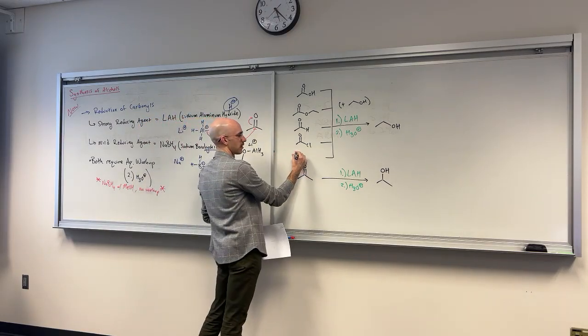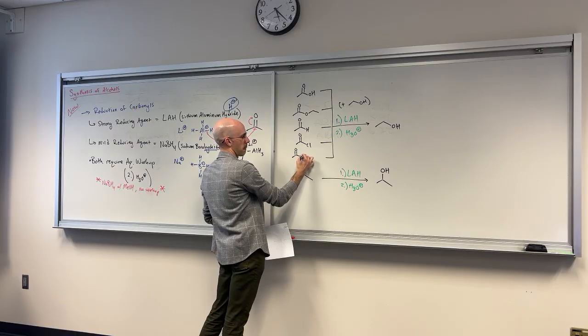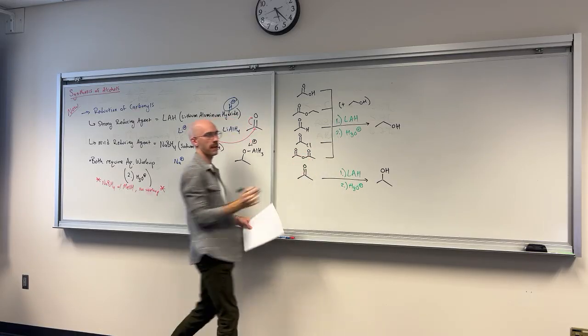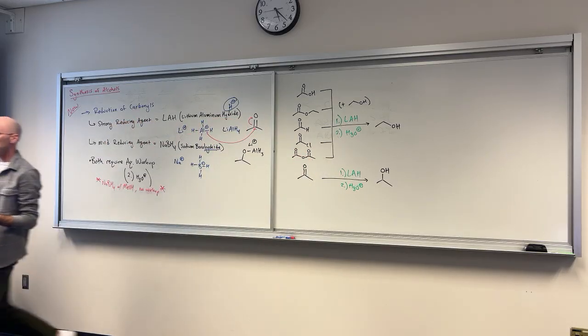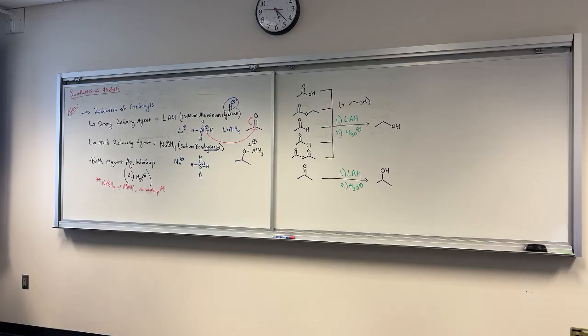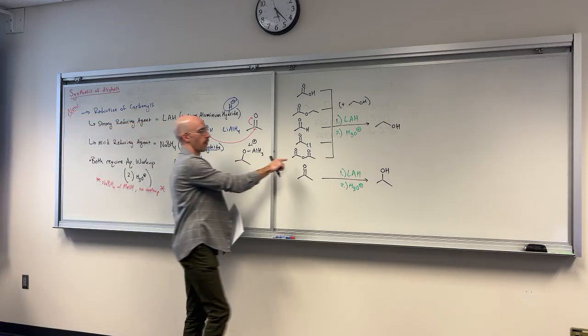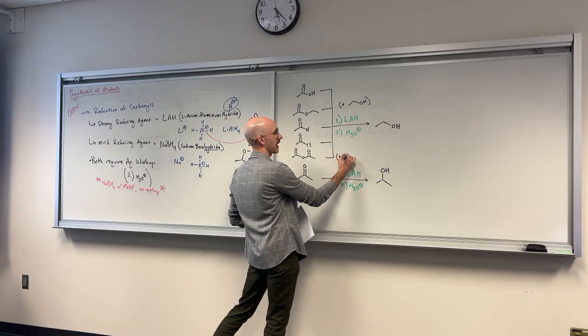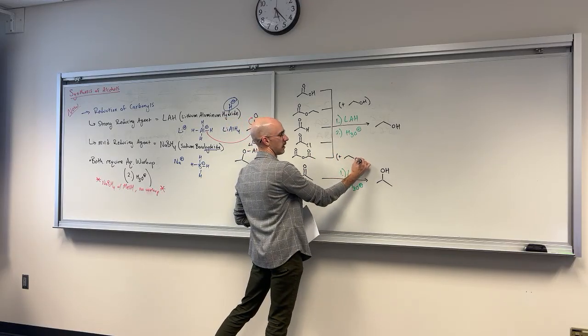Lastly, on this long connection, anhydride. This is acetic anhydride or ethanoic anhydride. Once again, this also produces a second equivalent of ethanol.